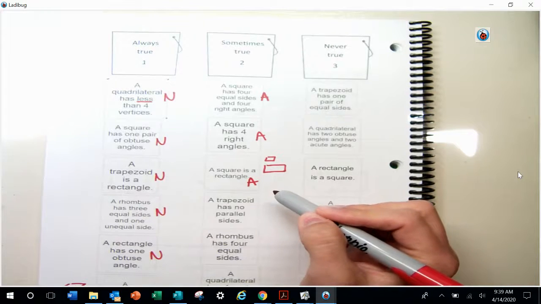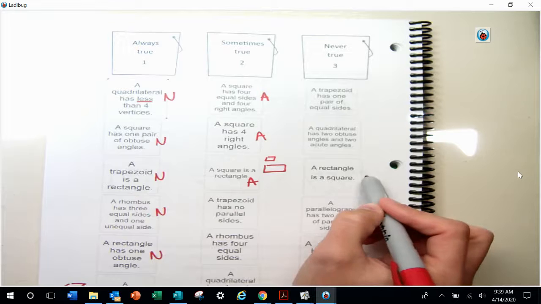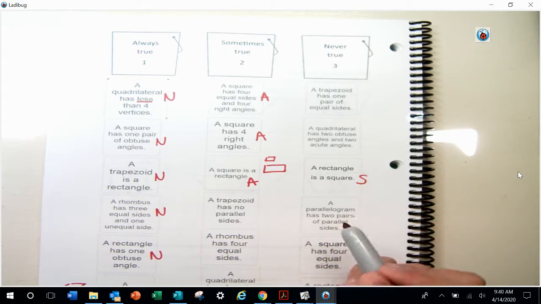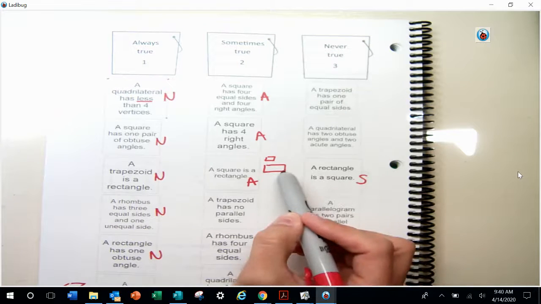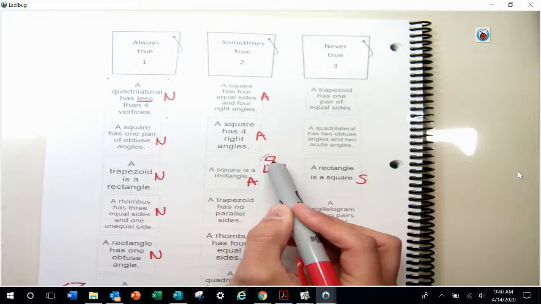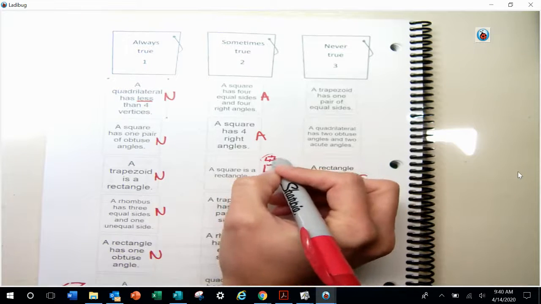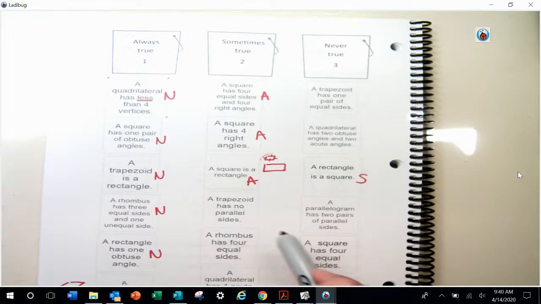Is a rectangle, let's go to this one real quick. Is a rectangle always going to be a square? No. Sometimes a rectangle will be a square, but not always. A rectangle could be this size, where it's actually a square, but that meets the definition of a rectangle, so that can sometimes be true.